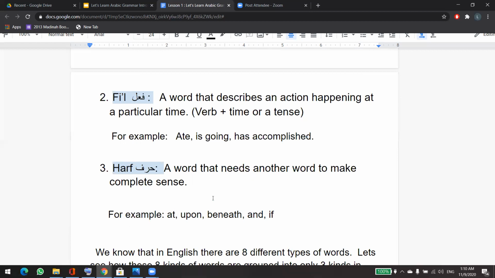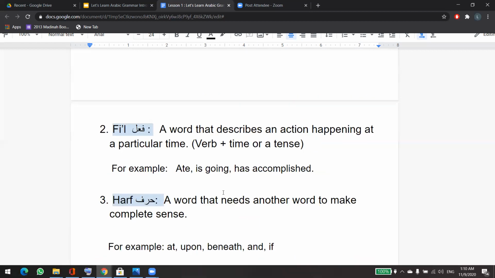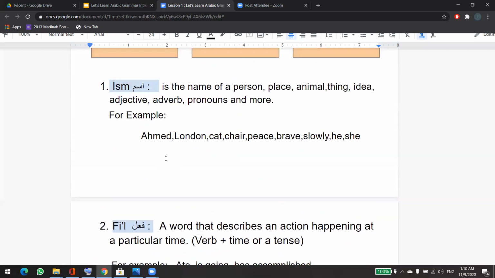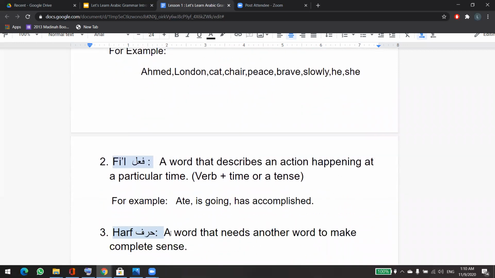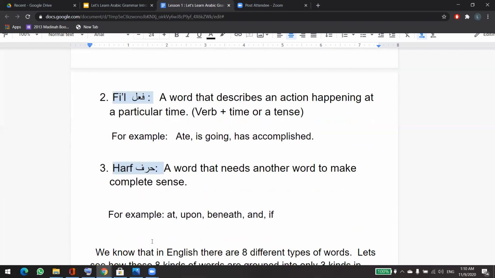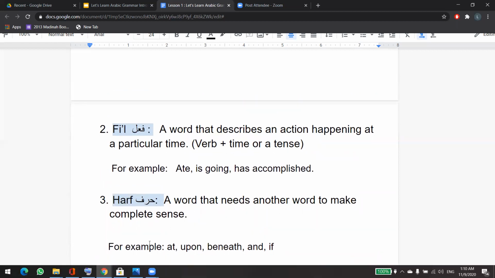So harf is a word that makes sense only if it is followed by another word. And for practical purposes, when used in Arabic, if a word is not a fail or an ism, then it's a harf. If you can decide that a particular word is neither a fail nor an ism, then it's a harf, because there are only three types of words.